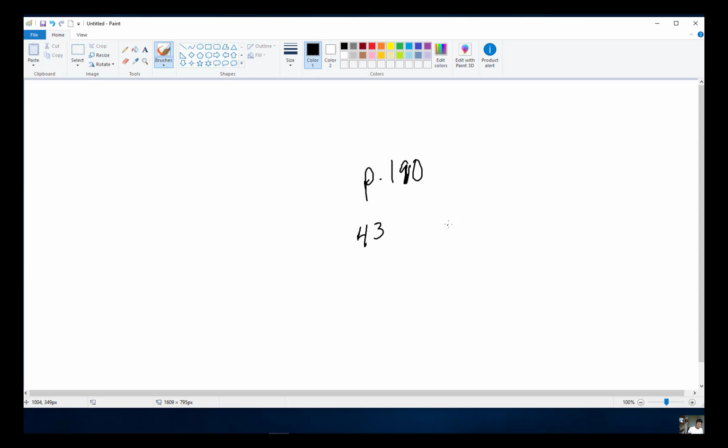The character is supposed to be the plus. In the book it has a number 1. So the book has a number 1. This is the typo. The correct answer is this plus. There's a plus sign. All right. So that's the only typo that's in the book.